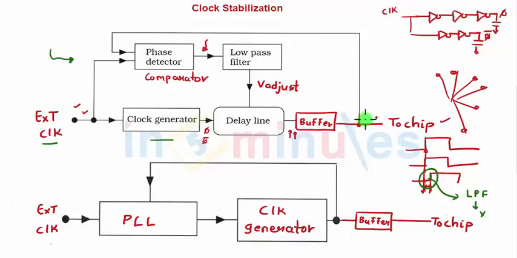We connect our output clock and give it to a phase detector along with an external clock. The difference in the phase would be detected and the output is given to a low pass filter which will produce a corresponding voltage and will be given to a delay line which is a voltage controlled delay line. Correct? Very simple.